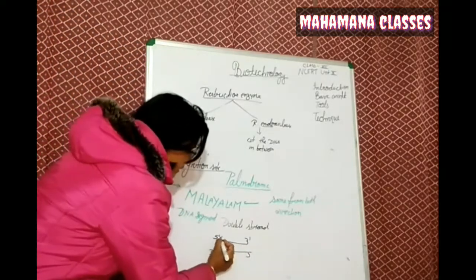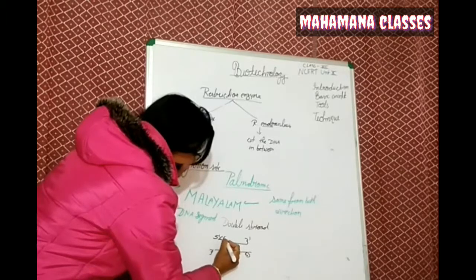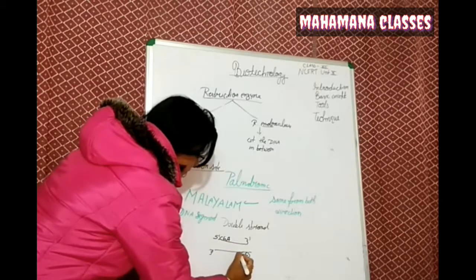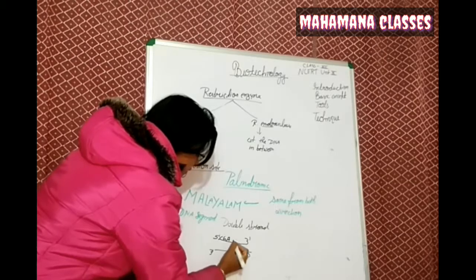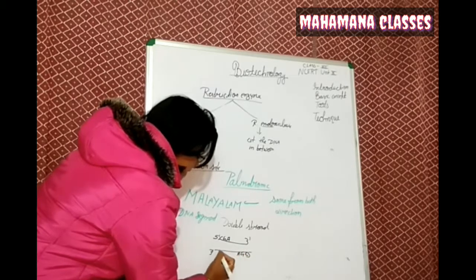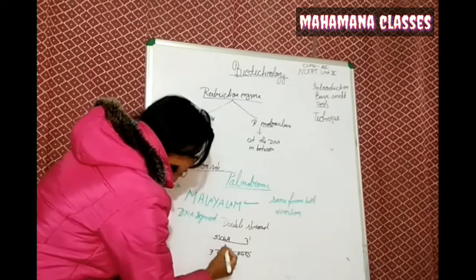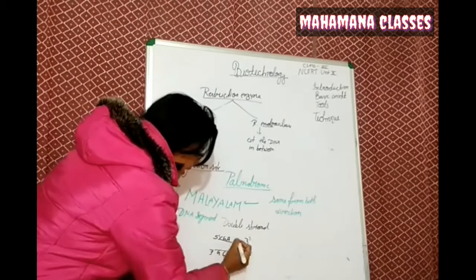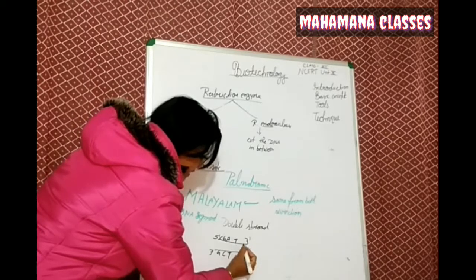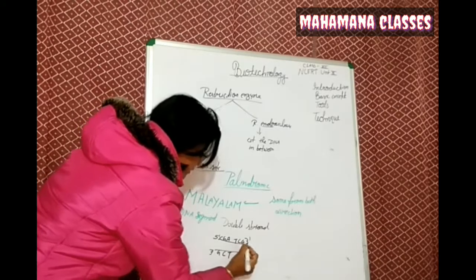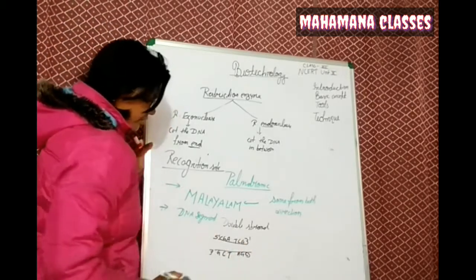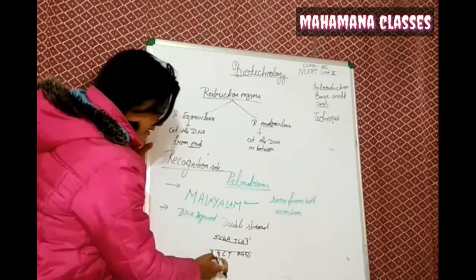For example, C, its complement is G, then C, then T, and here T, C, G. Let us see: CGATCG, CGATCG.